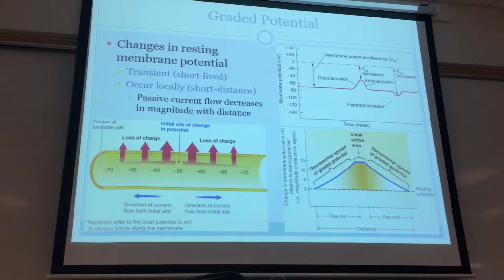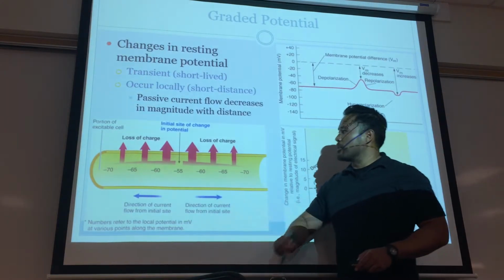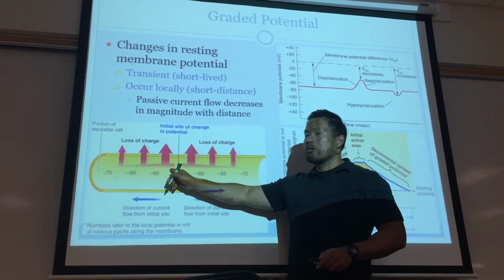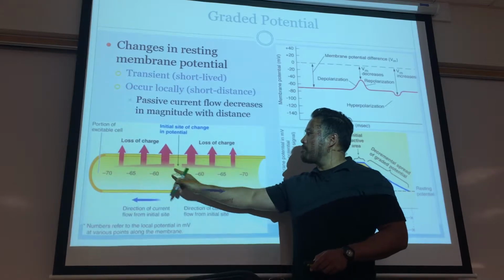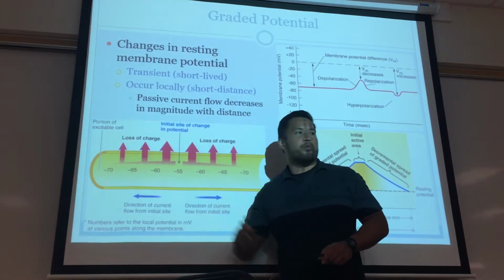If I were to measure at this point right here, where I'm starting to see an increase in sodium concentrations, I would probably measure about -60 millivolts, or even closer to -55 millivolts. But if I were to measure the membrane potential further away, it would start to decrease.